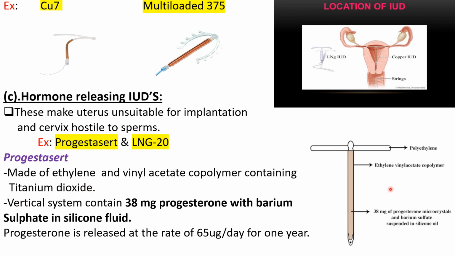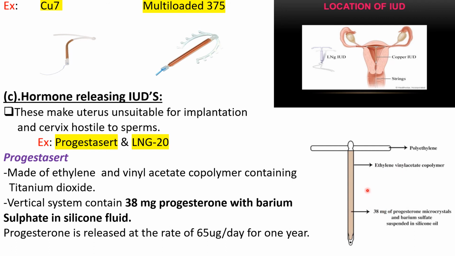The substance used to manufacture the Progestasert is ethylene vinyl acetate copolymer. The picture of Progestasert is clearly appearing here. This is the polythene frame. So this is the vertical system or vertical frame made up of ethylene vinyl acetate copolymer.